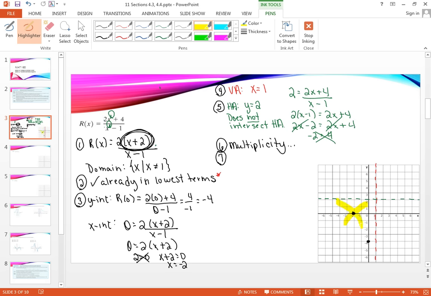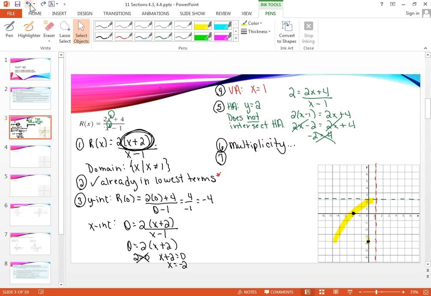One of those two options, right? The way I like to think about it is, what can it not do? For instance, if I tried to make it do this, that doesn't make a lot of sense because my y-intercept is way down here somewhere. And I need to be able to connect my y-intercept and my x-intercept.